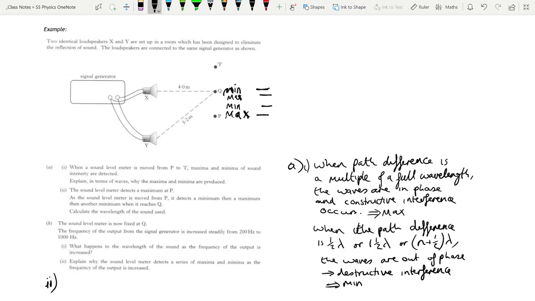Okay, so we know P is our first maximum. It's the middle maximum, so that's our 0 path difference point. So the path difference at P would be 0 wavelengths. Then our first minimum would be a half wavelength.